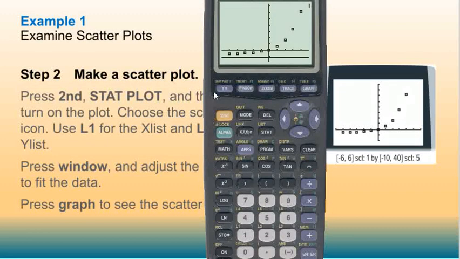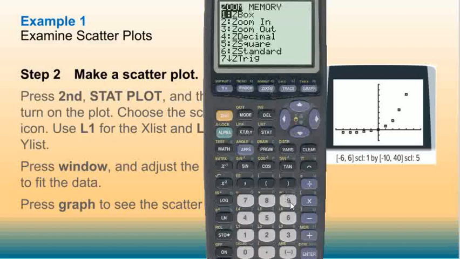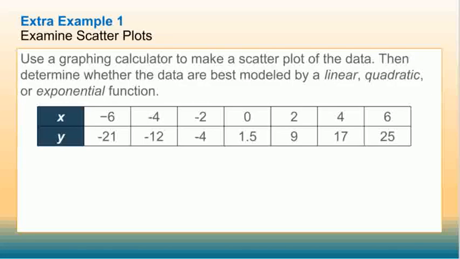I have to get rid of my line here, so I need to clear this. Now ZoomStat. There's my scatter plot.